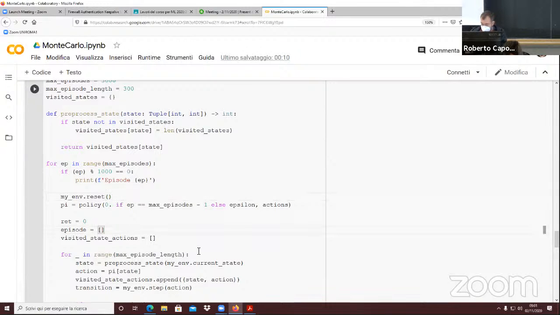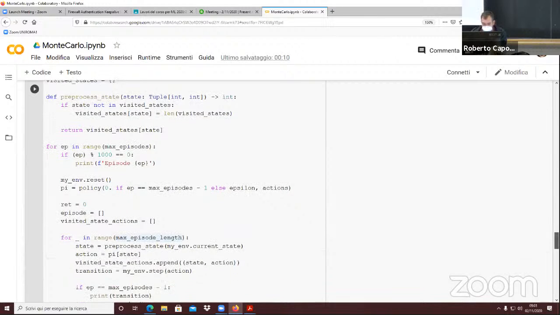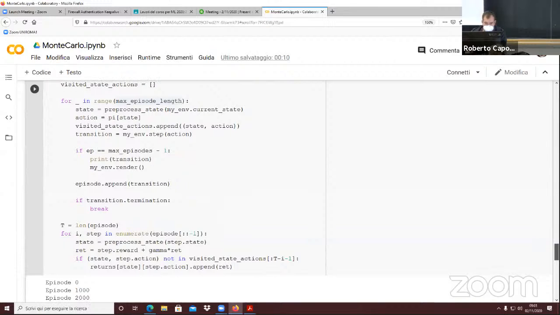And then I use these visited states and actions to store the ones that I have visited. Then I loop until the maximum length of an episode or the termination is reached. So when do I stop my episode? I mentioned it last time. You either reach a termination state or you fix a maximum number of steps.